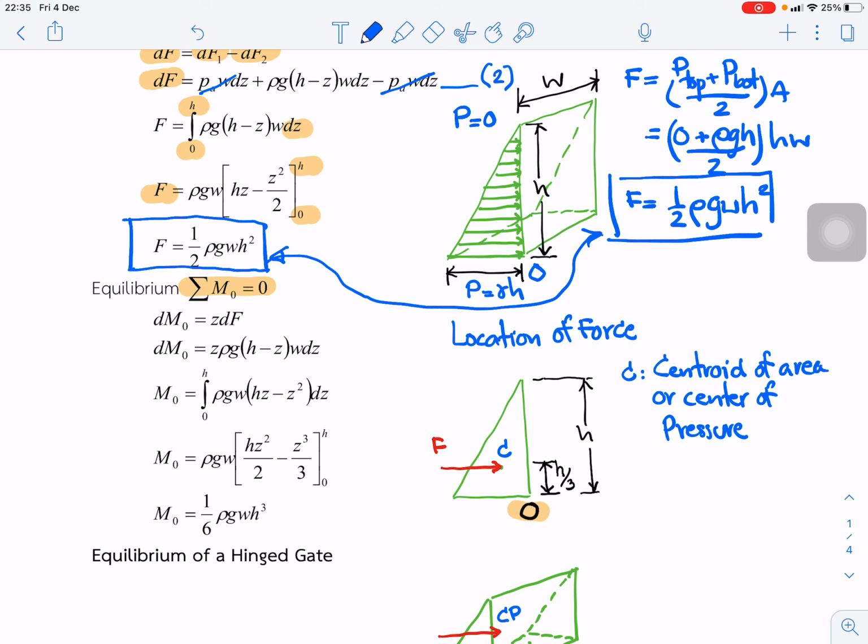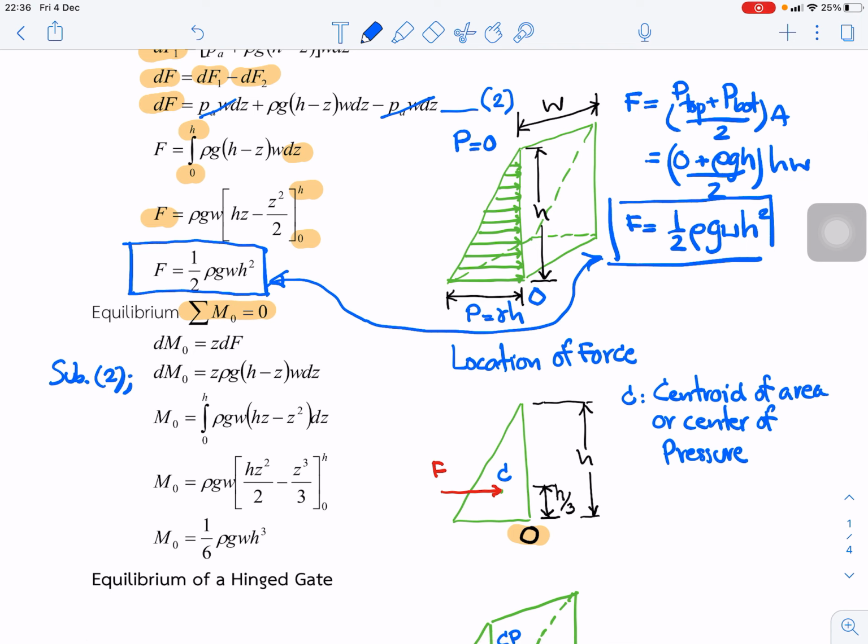Next we substitute equation 2 for dF in the equation of moment, and integrate from 0 to H dz.